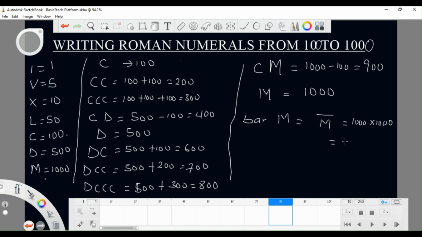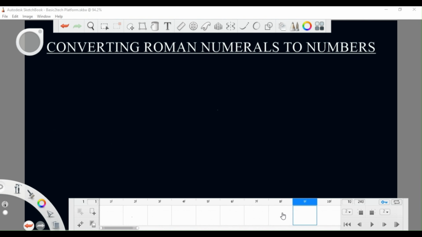That gives us 1,000,000. So when you have a bar above the symbol, we multiply the symbol by 1,000. All right, so let's look at how we can convert Roman numerals to numbers.